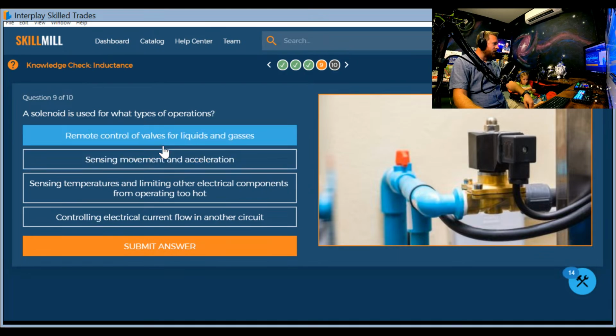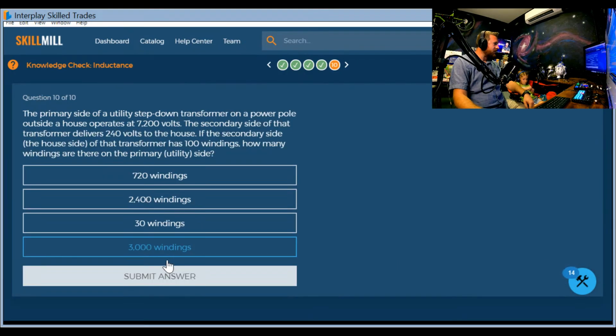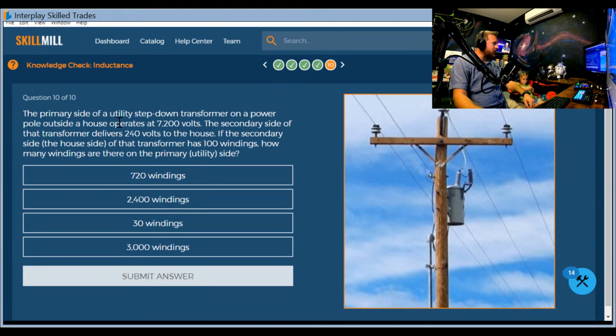We're just going to go ahead and fly through this. The primary side of a utility step-down transformer on a power pole outside a house operates at 7,200 volts. That's a lot of voltage, isn't it? That's way too much.